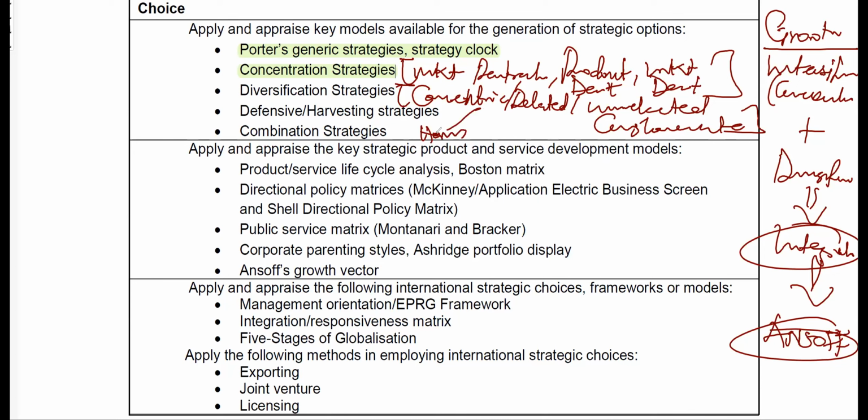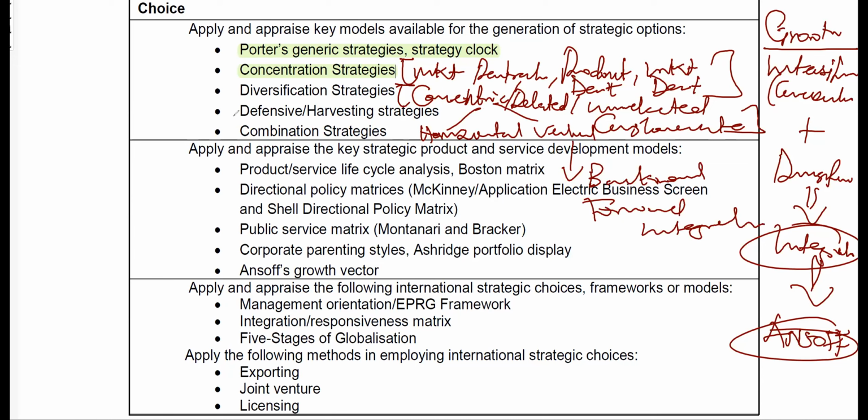Horizontal integration and vertical integration. With vertical integration, we have backward integration and we have forward integration, which happens to be what they examined last night as part of your growth strategies. Okay, so that's just by the way.